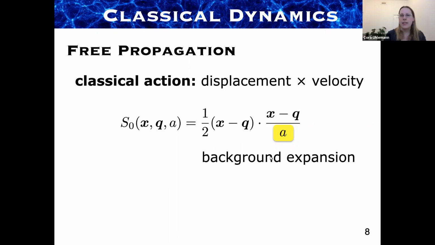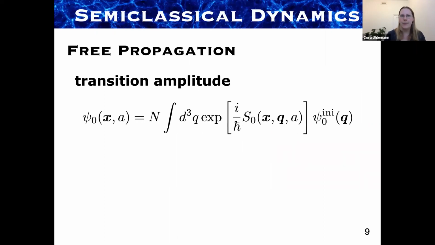Now, what can we actually do with this classical action? We can use it in a slightly different context. Inspired by the quantum-classical correspondence, we can use the classical action to transport a wave function. And this wave function will simultaneously encode the density and velocities of all the particles.